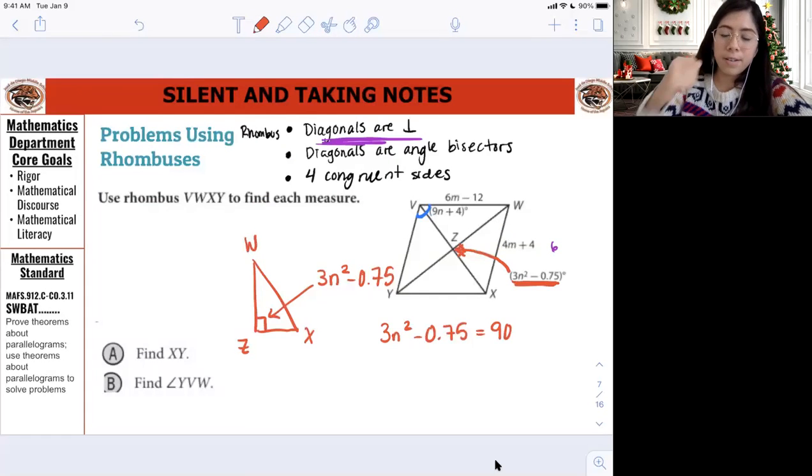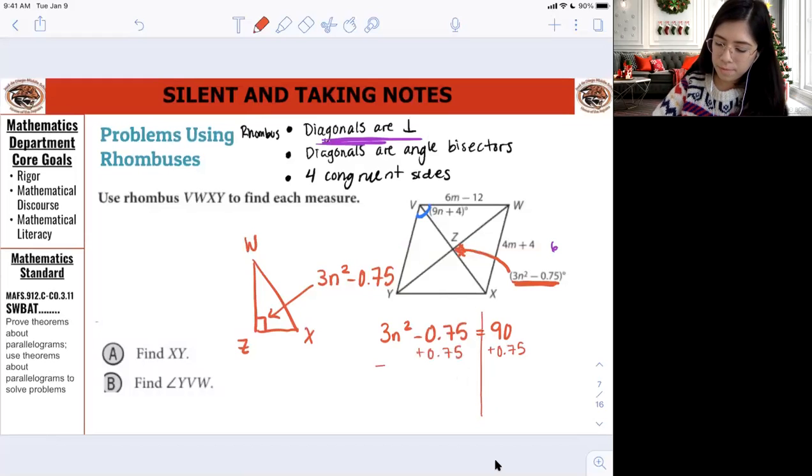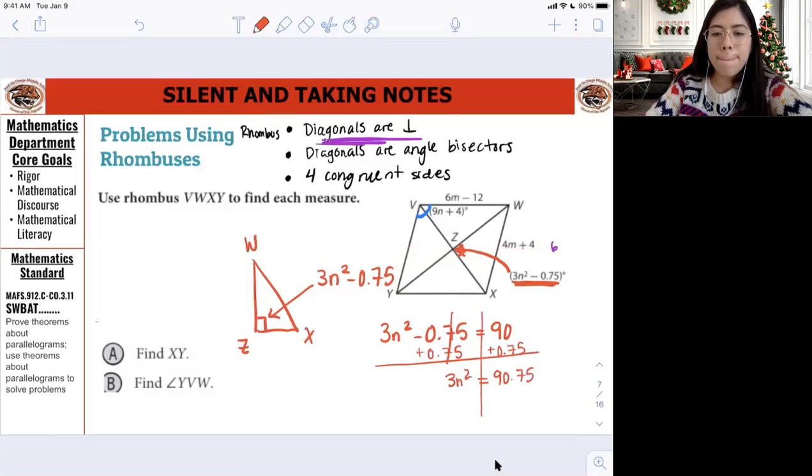Now we can solve for n. What do I do first? Add 0.75. 3n squared equals 90.75. What do I do now?